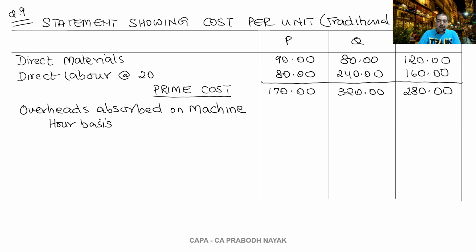Now they have given you machine hours per unit, 10 hours for P. So 10 into 6, 60. I'll show the working here.